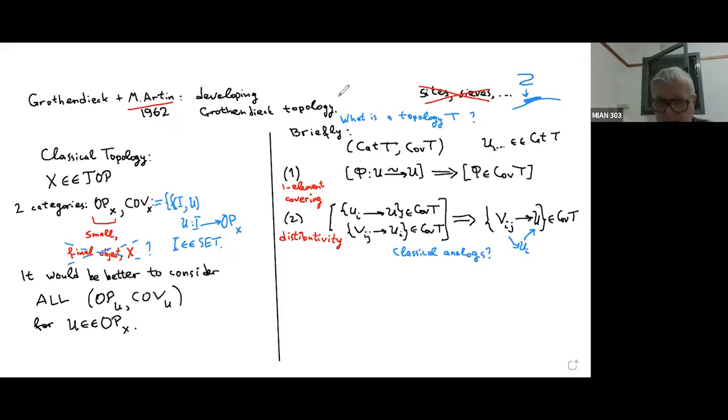And finally, there is the third component. The category, of course, had to be assumed to have fiber products. And then the last one is the axiom of base change.